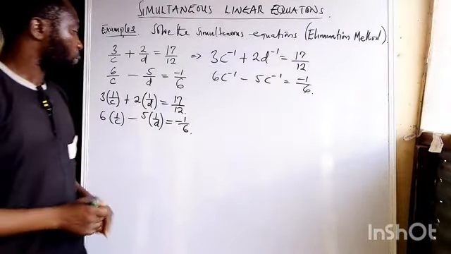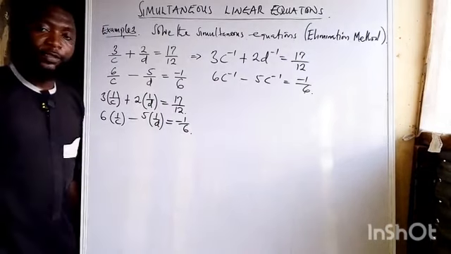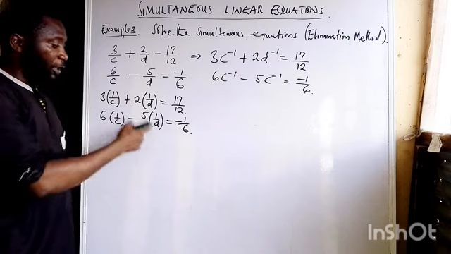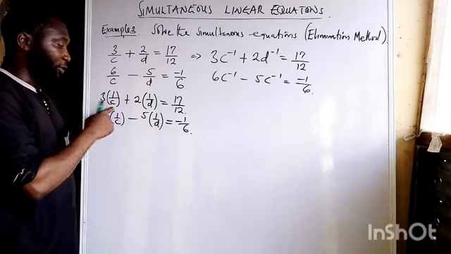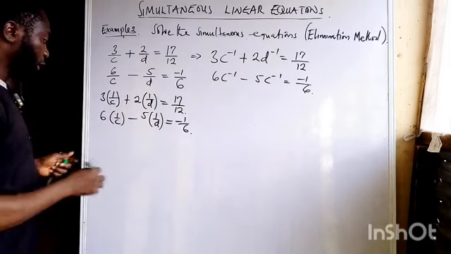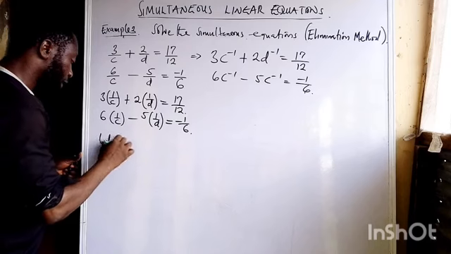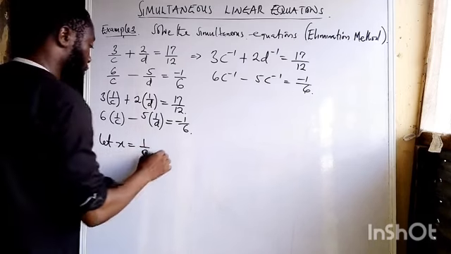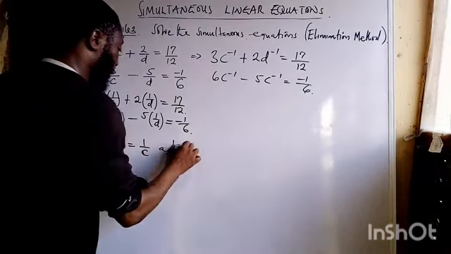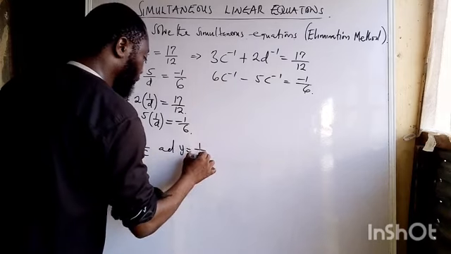Now, once you rewrite this, then we can assume a letter to represent 1 over c and 1 over d, different letters. So we say let x equal 1 over c and y equal 1 over d.